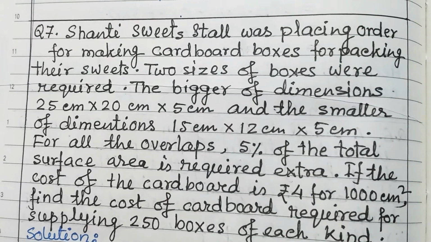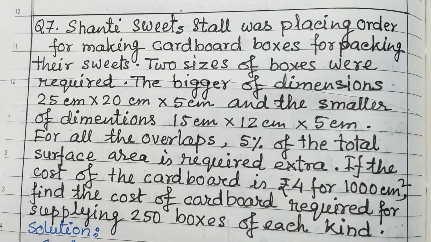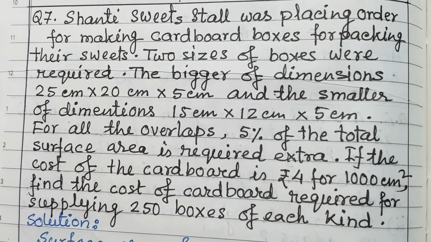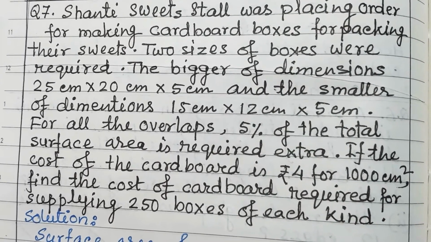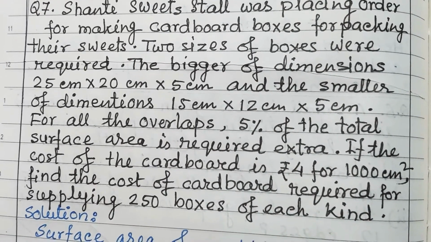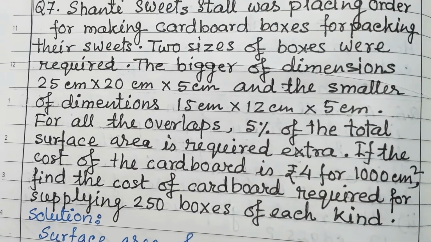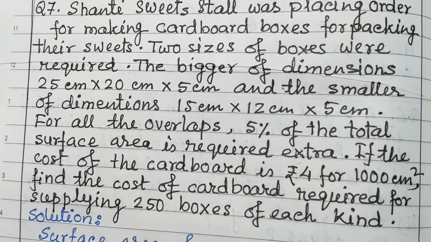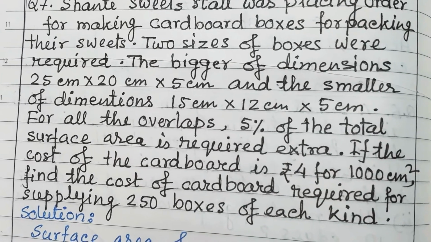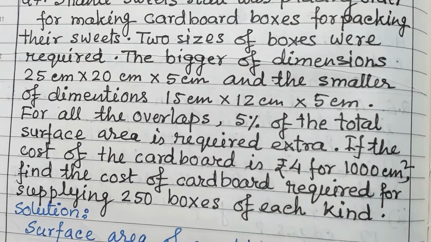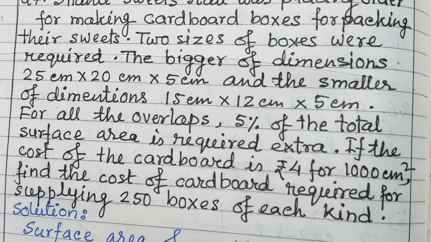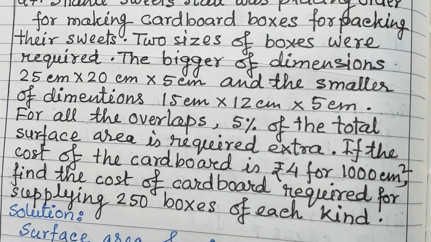For all the overlaps, 5% of the total surface area is required extra. If the cost of the cardboard is rupees 4 per 1000 centimeter square, it is the rate of cost. Find the cost of cardboard required for supplying 250 boxes of each kind. Okay, this is the question.